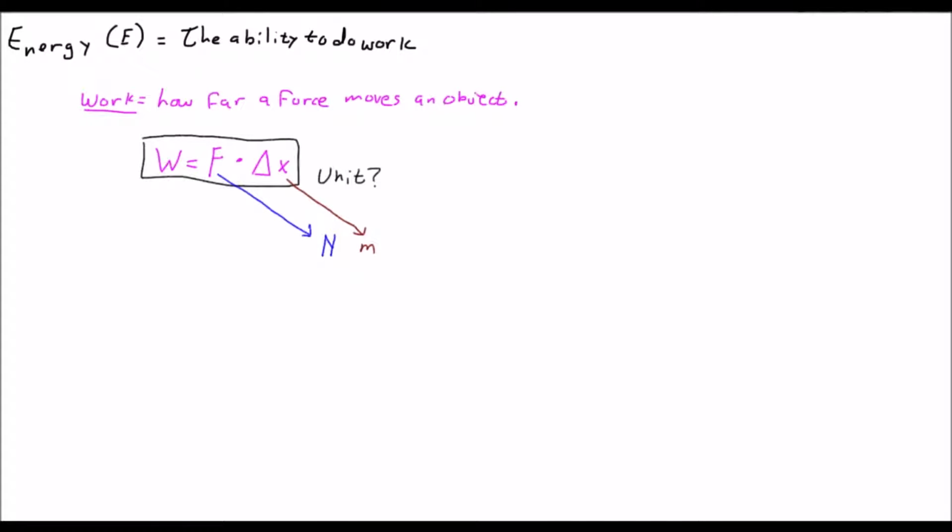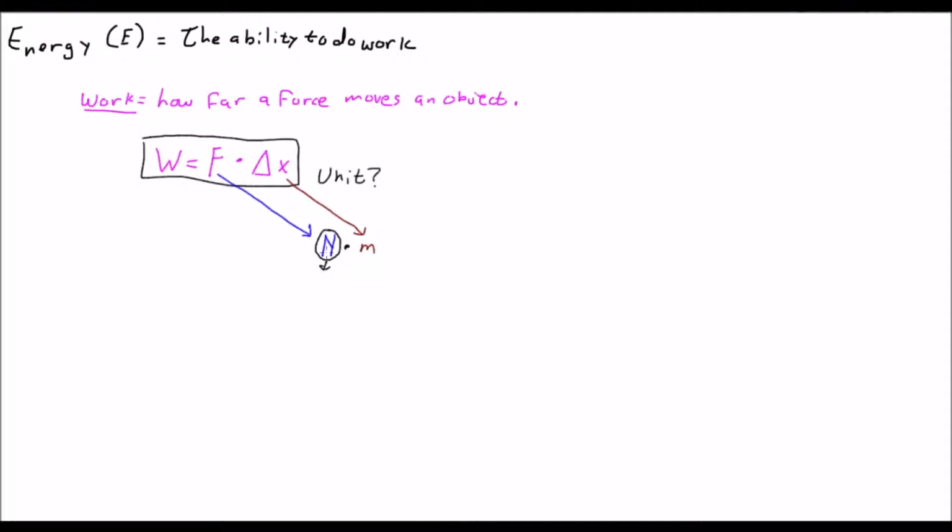So what we have is newtons times meters. But we know that this unit isn't a true unit per se, because it's actually a bunch of units in it. So let's expand that.